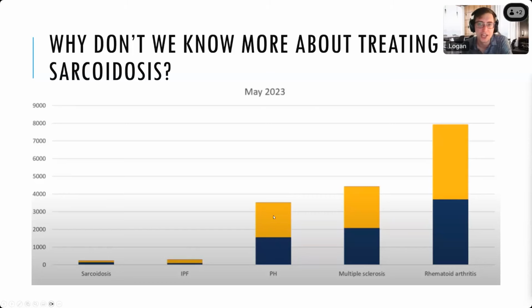And pulmonary hypertension, which is actually a pretty rare disease, also has a wide range of drugs trialed. And sarcoidosis over here has a very small number of drug trials as of last year. This highlights a gap in the literature. It's also one of the reasons I chose sarcoidosis, because it really is a disease where there's so much work waiting to be done.